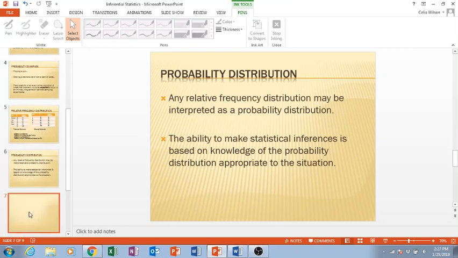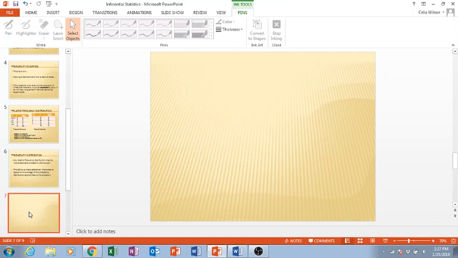All right, so as an illustration, I want you to think about a situation where we have 4 coins. We're going to flip 4 coins and see how many heads, or what are all the possibilities, I should say.